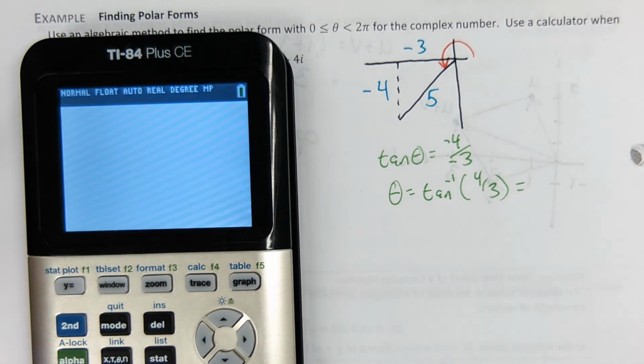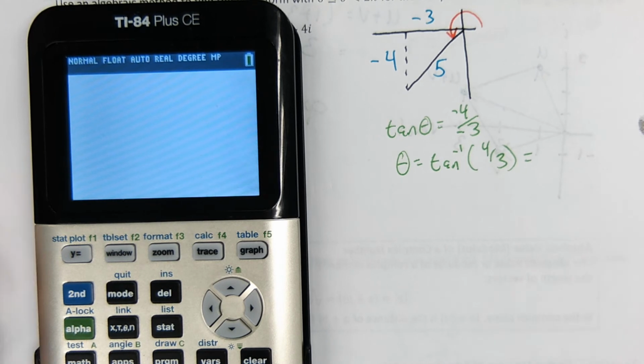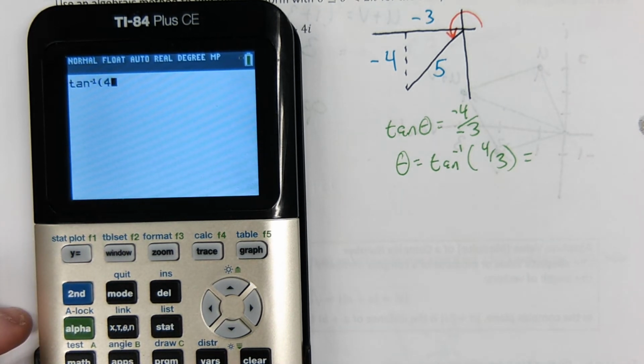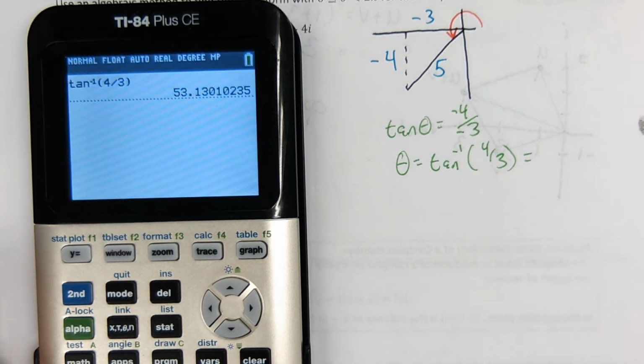I want to do this in degrees, so make sure you're in degree mode. You go second tangent, 4 divided by 3, close it up. There we go. It's about 53.1 degrees. Then you just add 180.